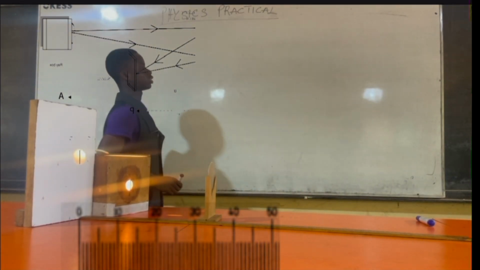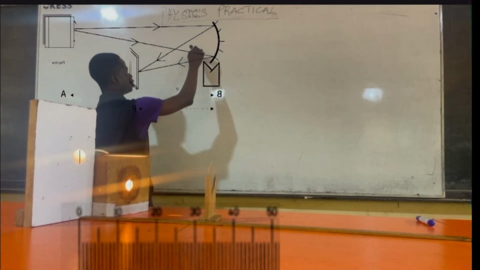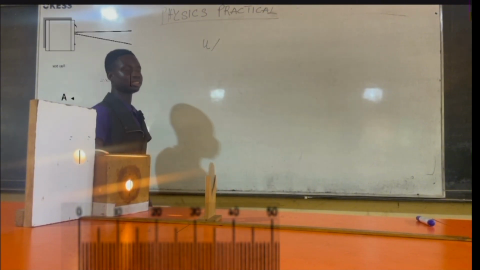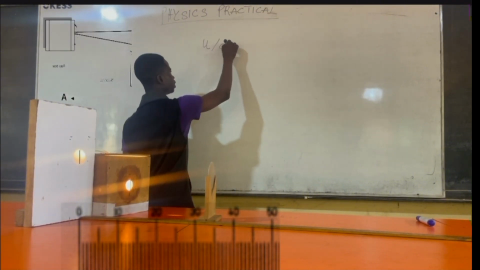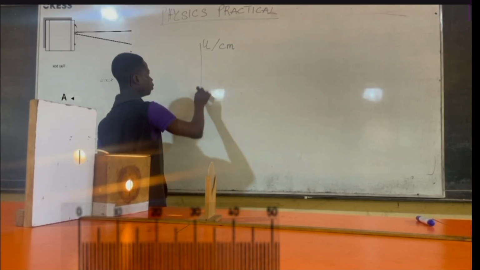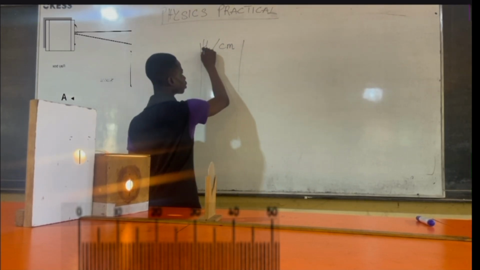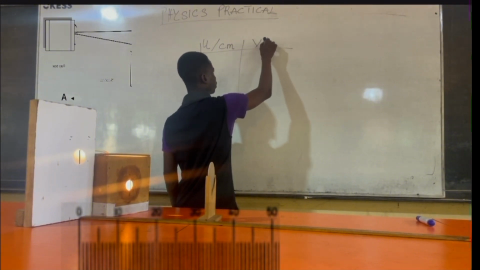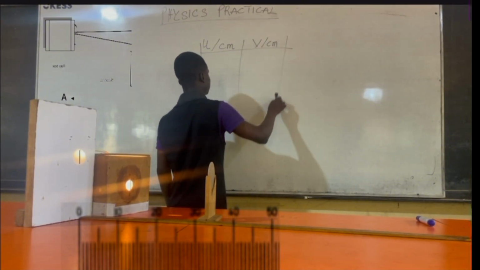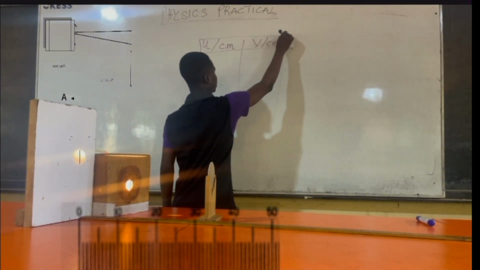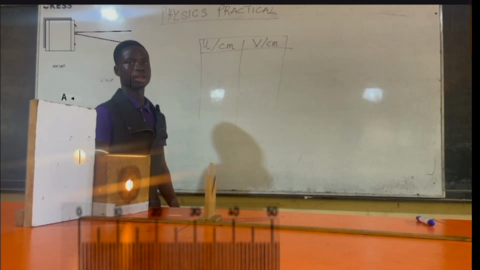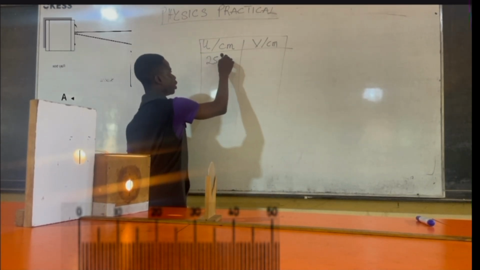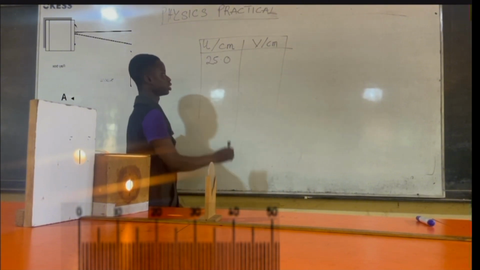So let's construct our table of results first. Our u is the object distance in centimeters, that's the SI unit for u. Then we are to record v also in centimeters, that's the image distance, and we are starting with 25.0 centimeters.